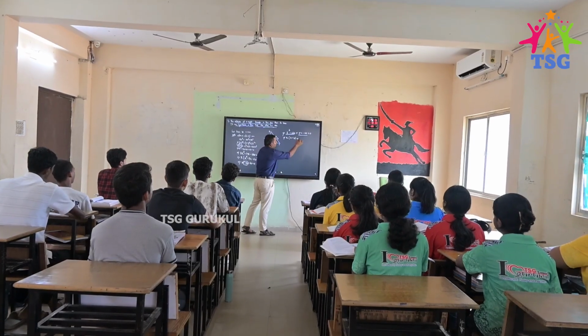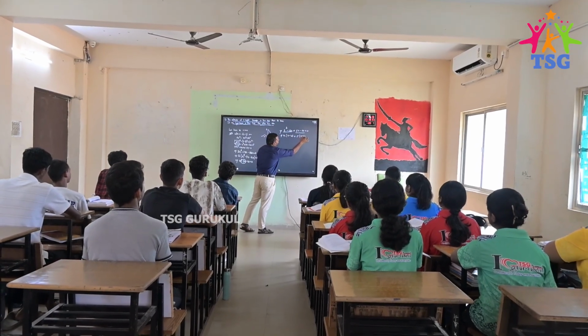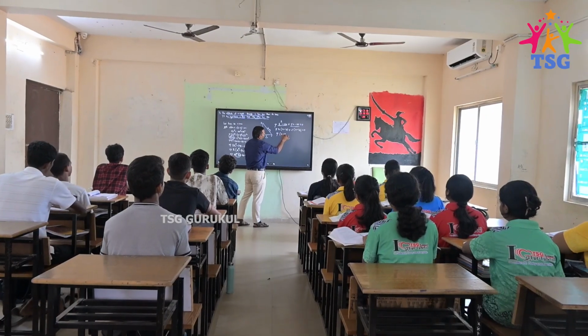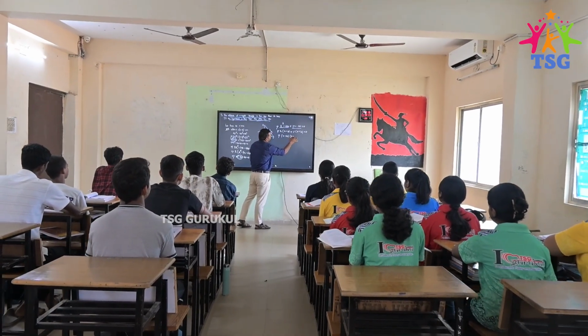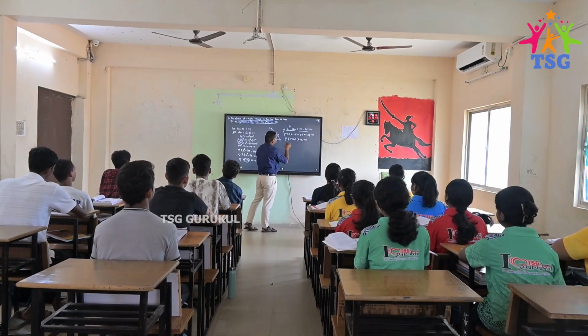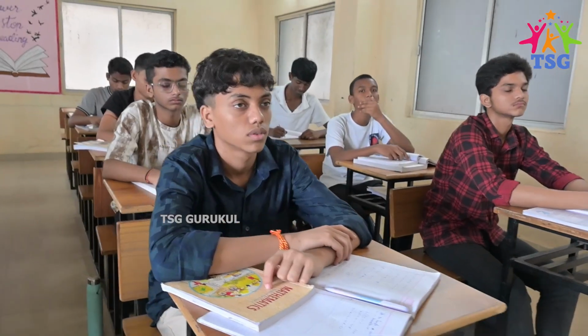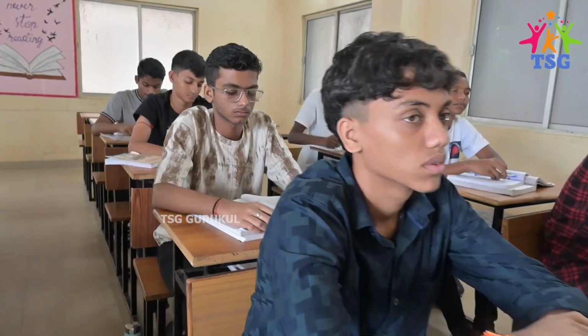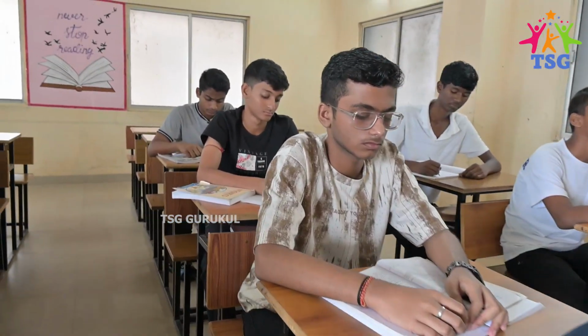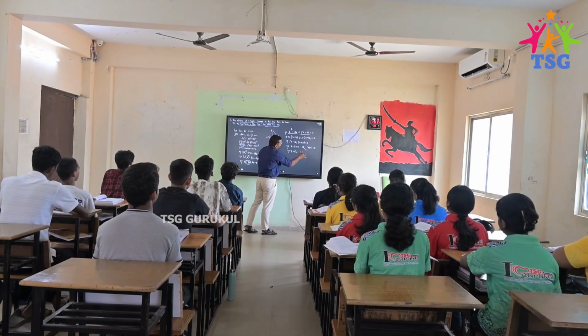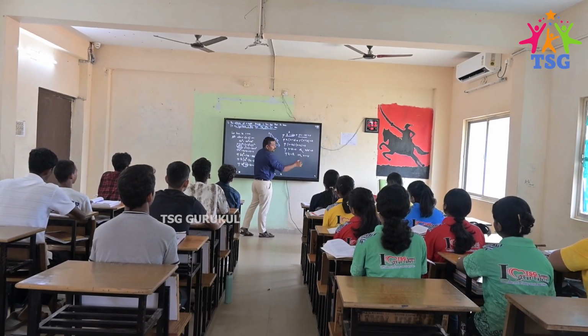If you take common 5, the rest will be x minus 12. Next, (x minus 12) into (x plus 5) is equal to 0. Then x minus 12 is equal to 0 or x plus 5 is equal to 0. Then x is equal to plus 12 or x is equal to minus 5.